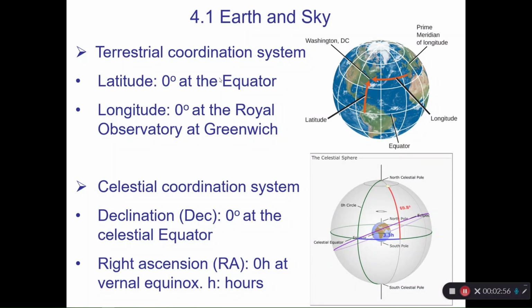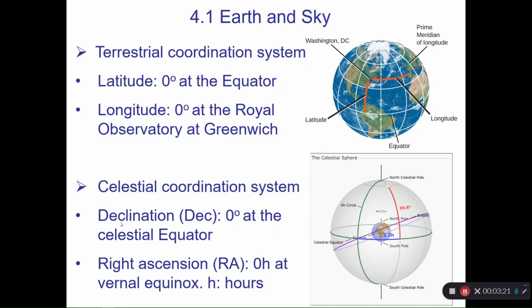Similar to the coordinate system on the Earth, the sky also has a coordinate system. I hope you still remember the celestial sphere we talked about in previous chapters. This coordinate system we call the celestial coordinate system, similar to latitude and longitude.